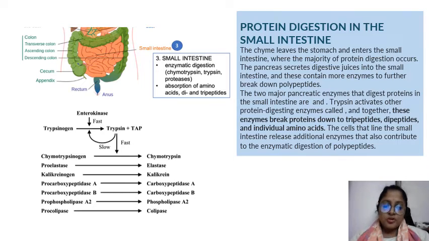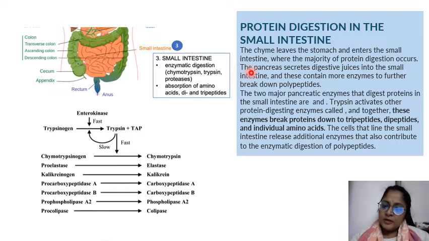Now the next portion. Once the denaturation is done, and it is now in smaller peptides, not amino acids, the small intestine takes the major role. Over here, there is a lot of enzymatic digestion, and also in the small intestine, absorption of these proteins takes place, which we'll cover in another short video.